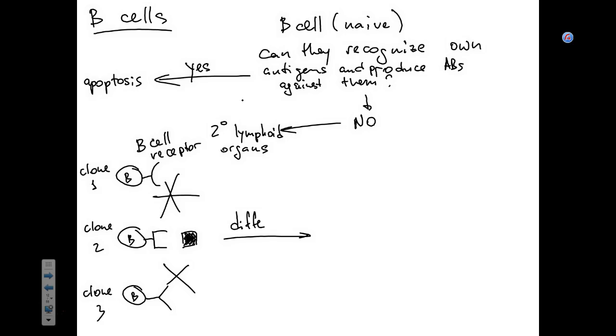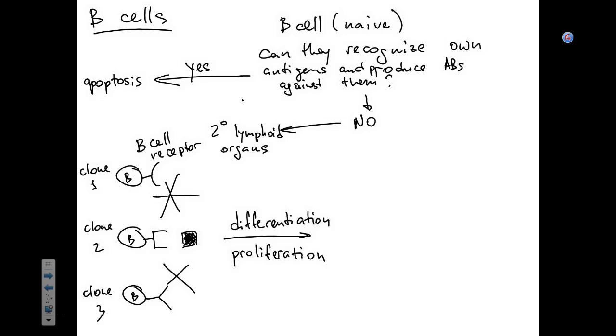Differentiation, which means when cells differentiate, what does that mean? They become more specific, yes, more specialized. And proliferation, which means multiplication, yes, they become more numerous.